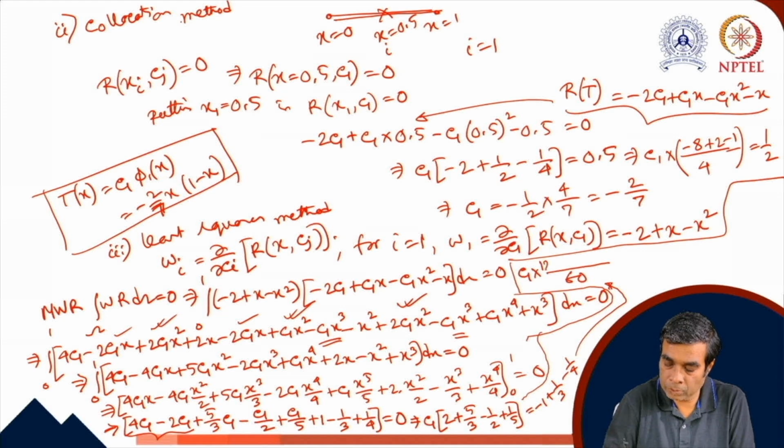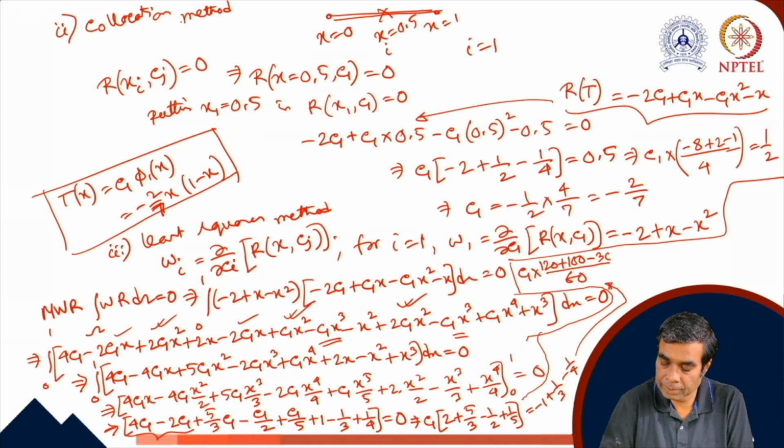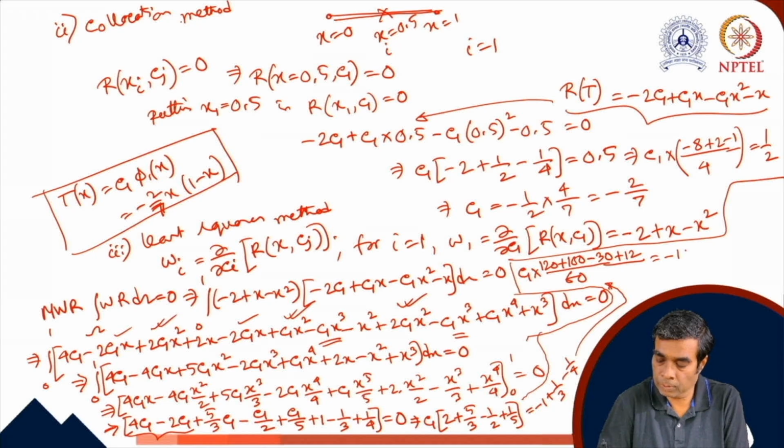So this is 120 plus 100 minus 30 plus 12 equals to minus 1 plus 1/12.